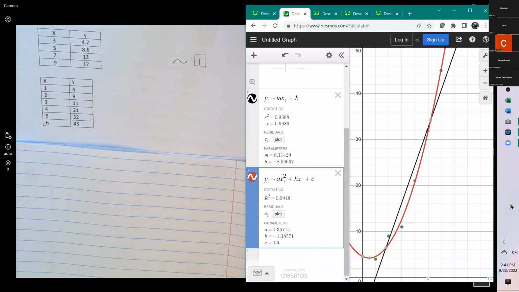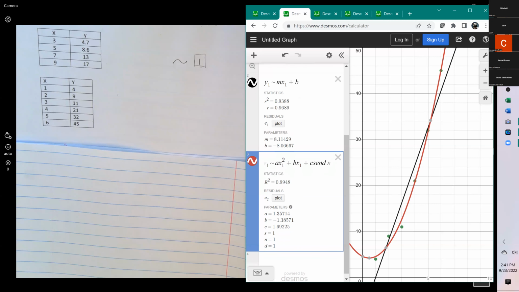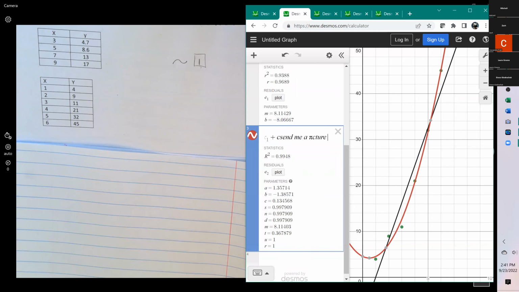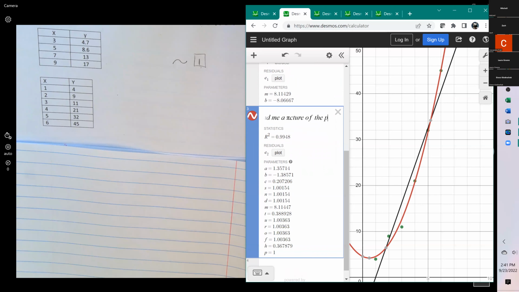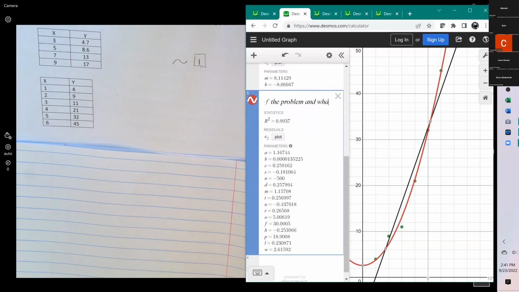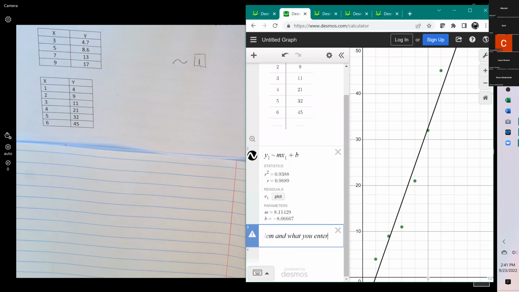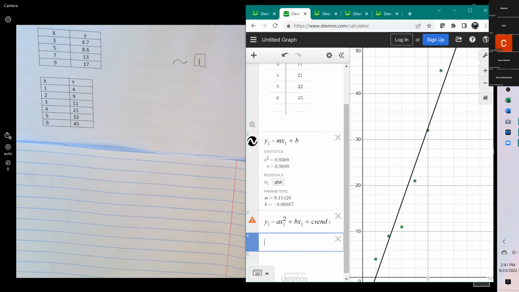I also like Desmos because it shows each line as a different color. Oh, I'm typing that in the wrong spot.